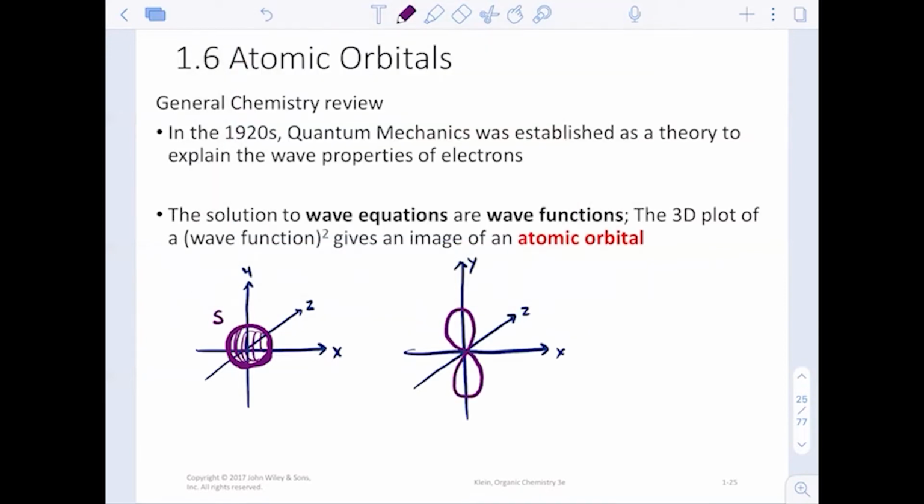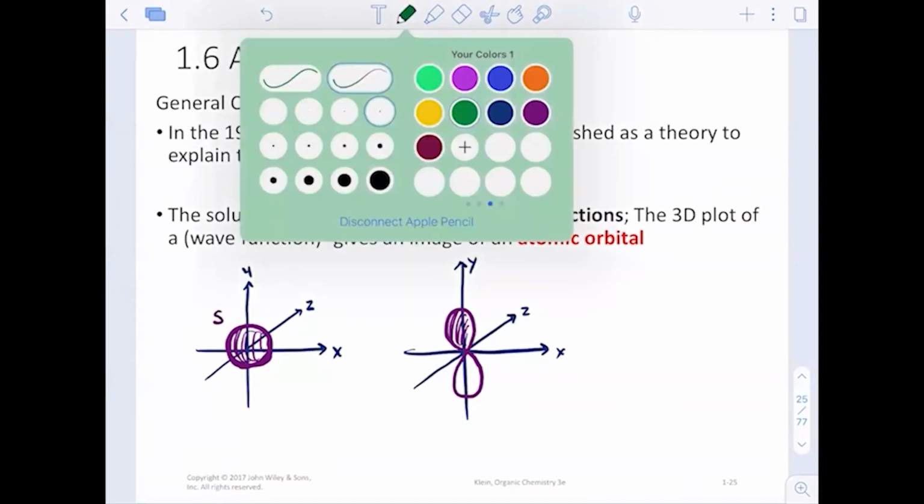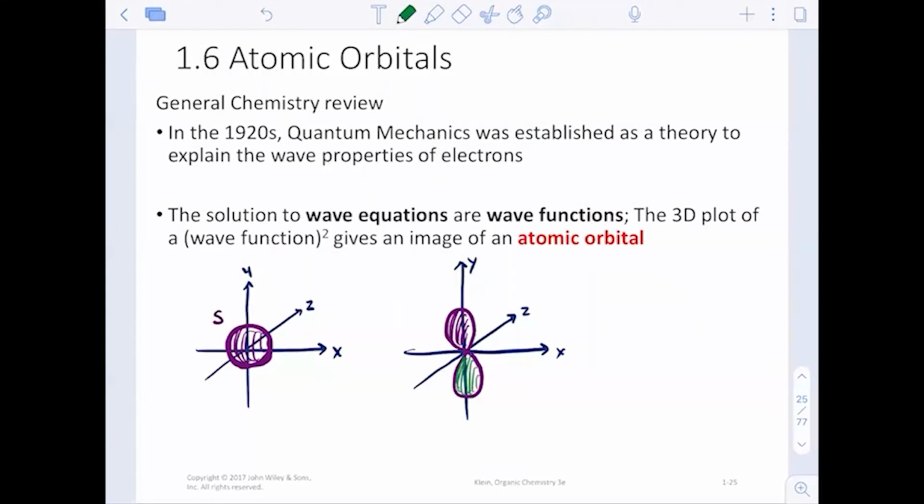And these were all probabilities, one side shaded one color, the other side shaded with the other color. All of these were probabilities of where we could find the electron in a given electron cloud.